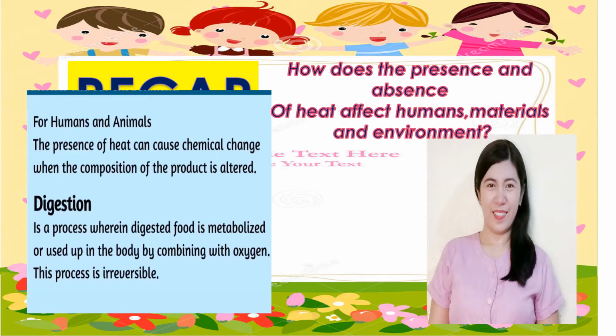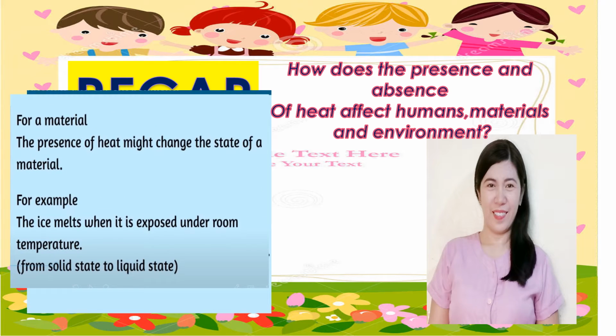One example for that is digestion. For a material, the presence of heat might change the state of the material. An example is ice melting when it is exposed to room temperature.